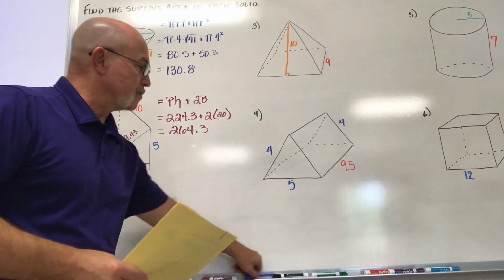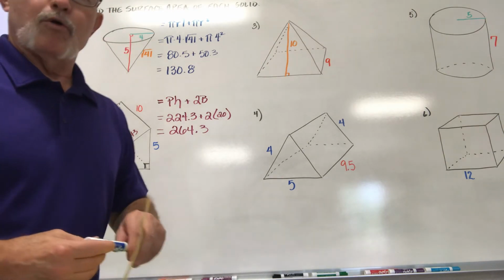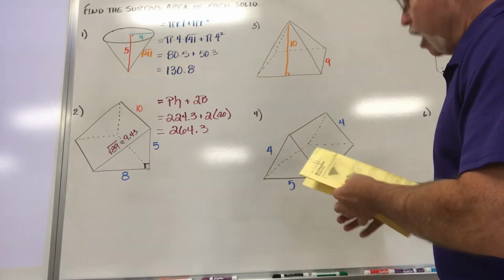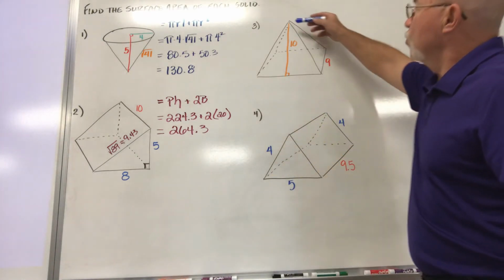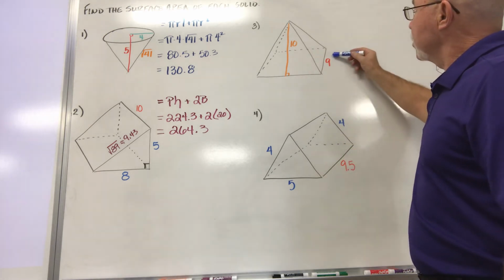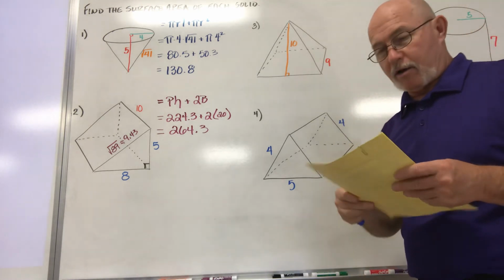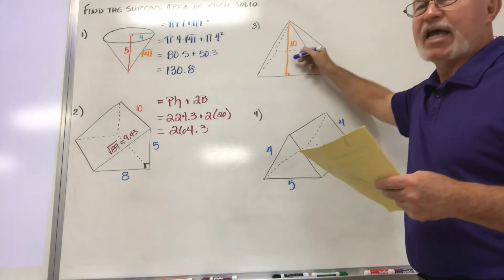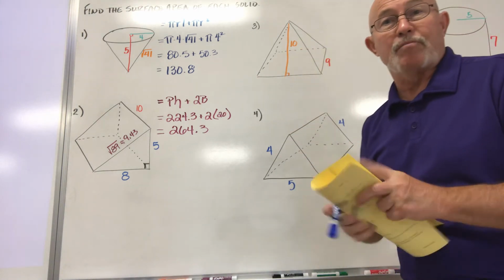Let's look here. We go to a pyramid now. On our pyramid, we are given the slant height. We're given a base inch. It's a square, look at that. We don't need to find the height because we're not finding the volume.